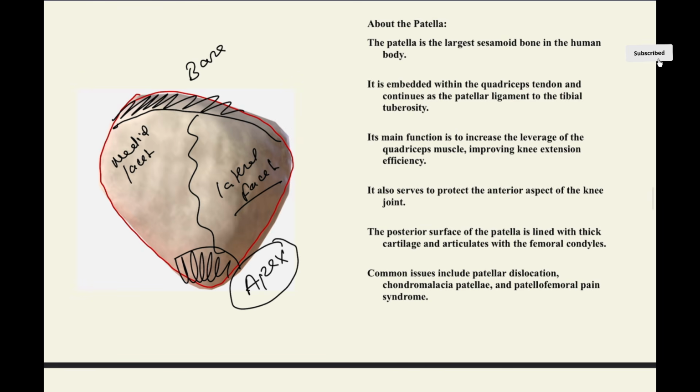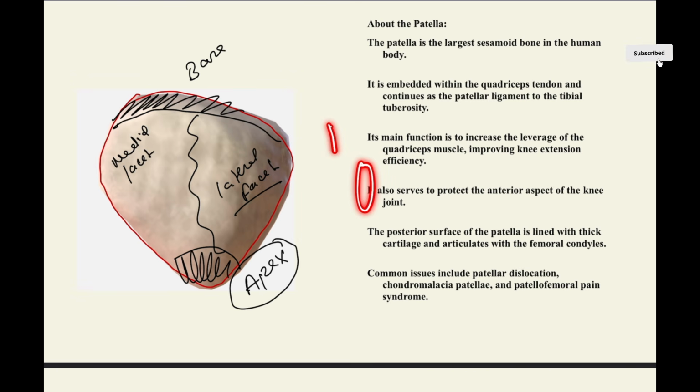The posterior surface of the patella is lined with thin cartilage and articulates with the femoral condyle. So behind the patella we have a very thin articular surface that allows friction-free movement between the distal part of the femur and the patella.